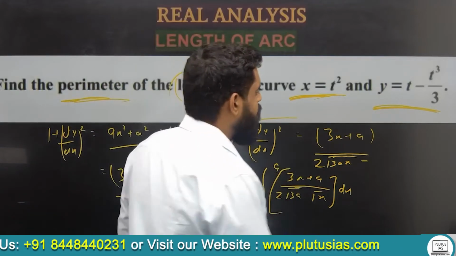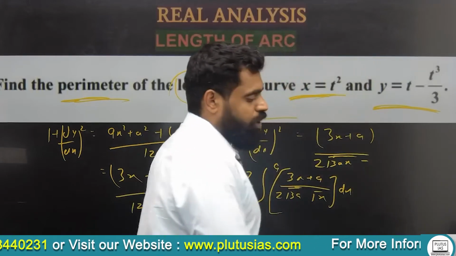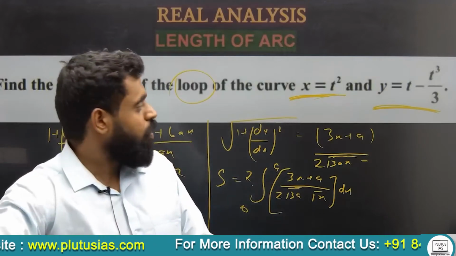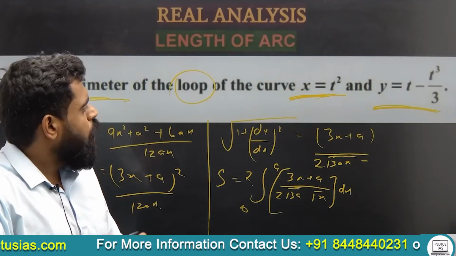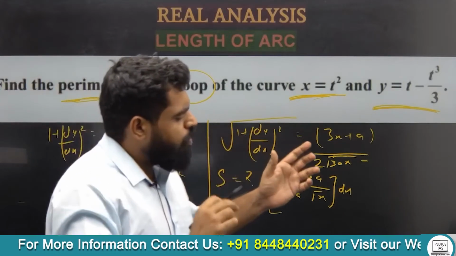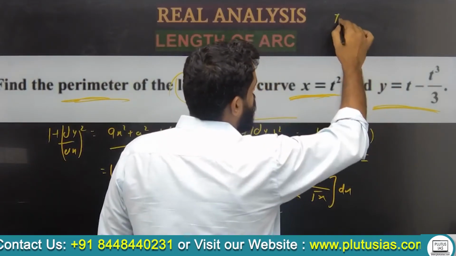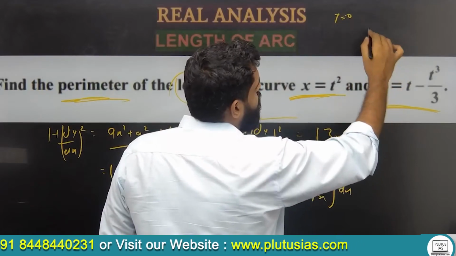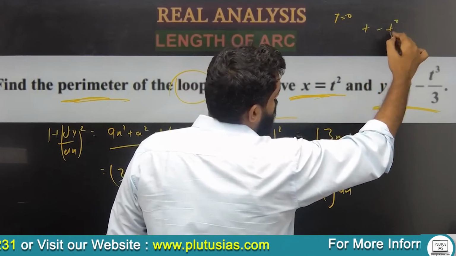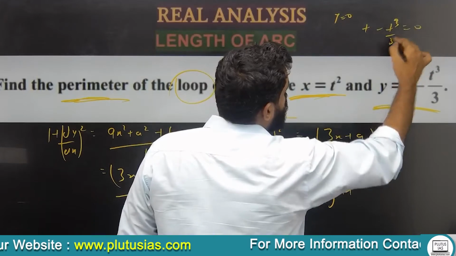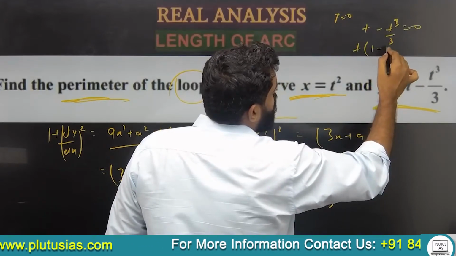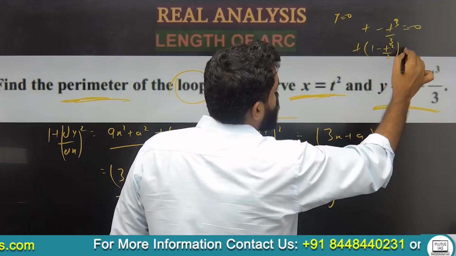So first we try to write this in the Cartesian coordinate system. At least you could try writing it in Cartesian coordinate system, or you can also calculate it. Suppose I take y equal to 0, we get t minus t cube upon 3 is equal to 0. Taking t common, t times (1 minus t square upon 3) equal to 0.